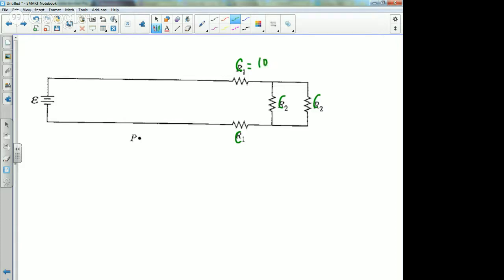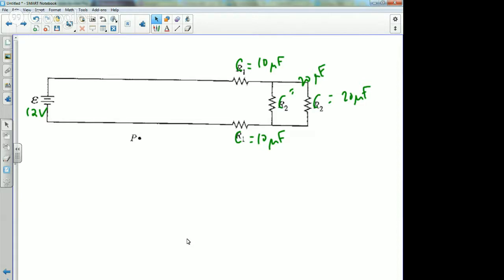We'll make it 10 microfarads, 10 microfarads, 20 microfarads, 20 microfarads. Okay? We'll make the battery 12 volts and combine. You only have to combine one time in this case. Think about which one to combine first.